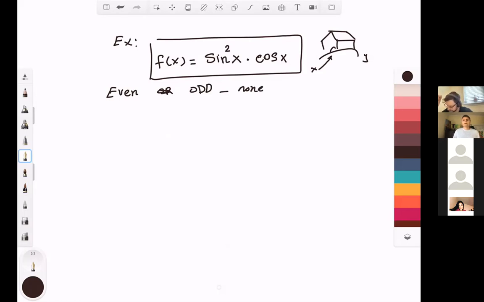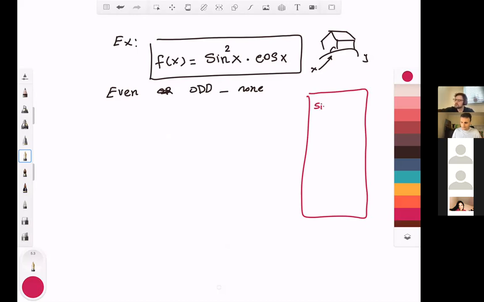But even and odd, in our note sheet, what do we have? So the question is about even and odd.